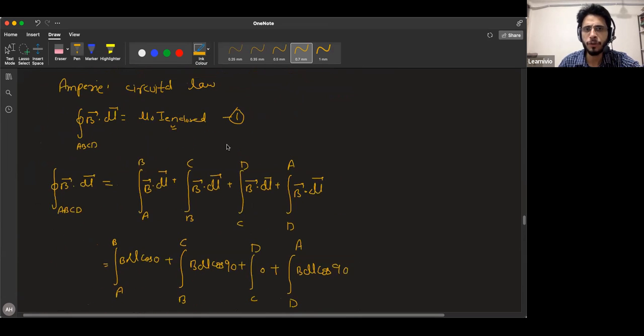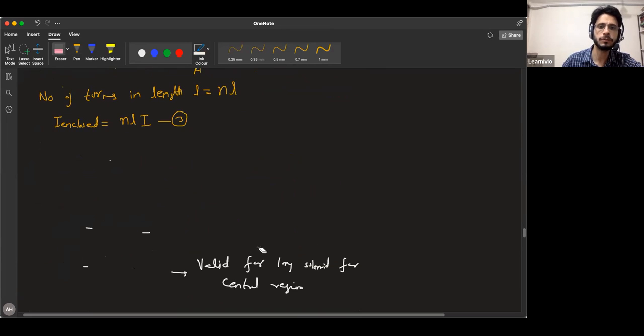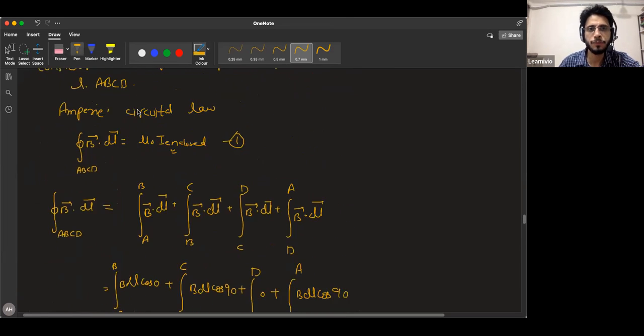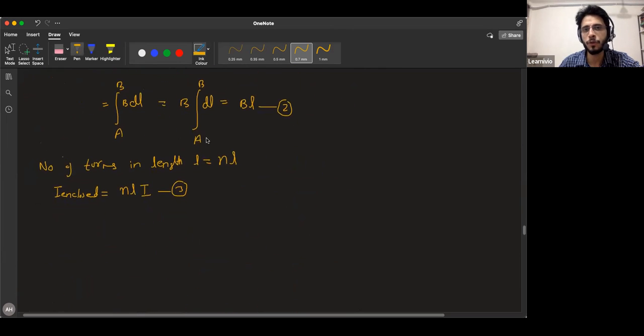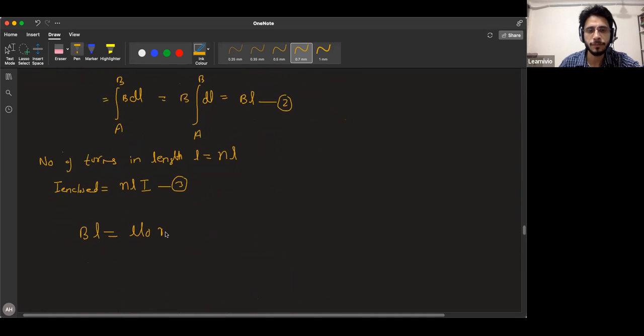Now we can substitute 2 and 3 in 1. Instead of B dot dl, I can substitute BL, which is equal to mu naught. Instead of I enclosed, I can substitute nLI.